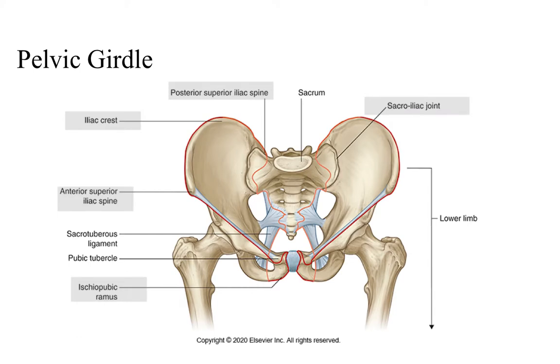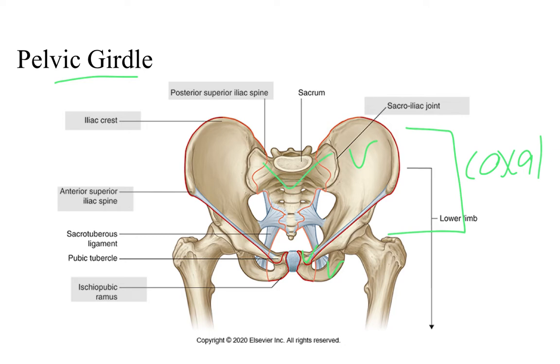So the bones of the lower limb are connected to the axial skeleton or the trunk by a girdle, and specifically since we're here in the pelvis, it would be known as the pelvic girdle. And what the pelvic girdle consists of, generally speaking, are your coxal bones right here, which consist of the ilium, the ischium, and pubis right here.